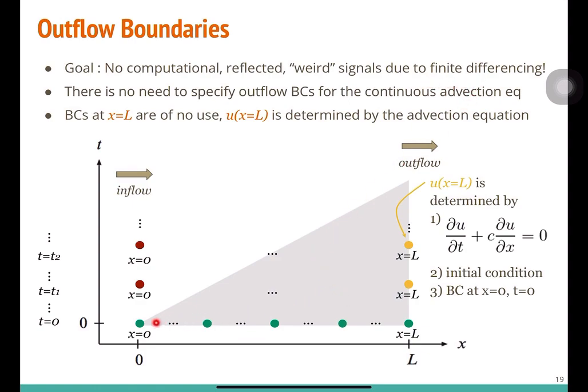Why do we want to say that? We are inputting values in here. We have some values in here at the beginning, and then when the values hit this wall, the outflow boundary, we don't want any reflection or weird signals coming from this wall.